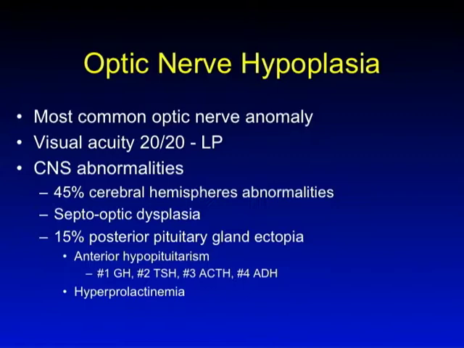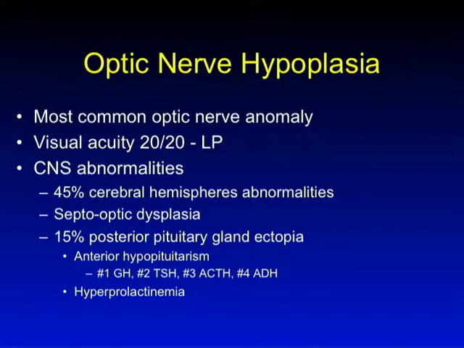Growth hormone is the most common one that gets affected. Second, thyroid, adrenal. Visual acuity is very variable. And on fundus examination, I don't know, probably you all have seen optic nerve hypoplasia.